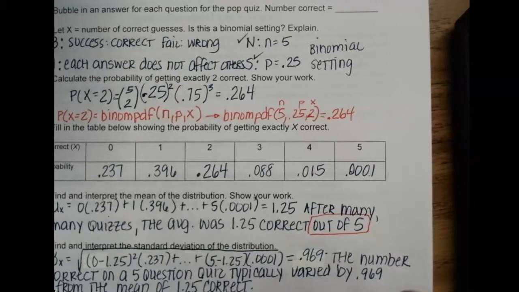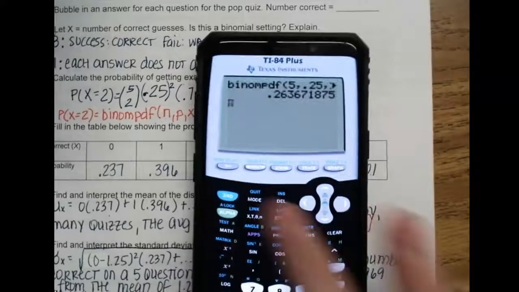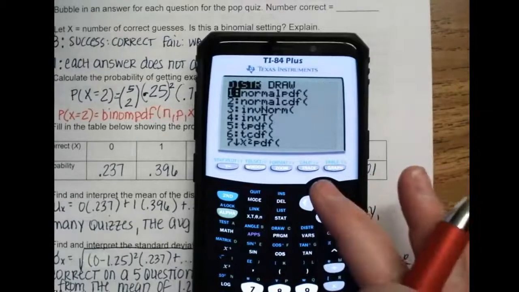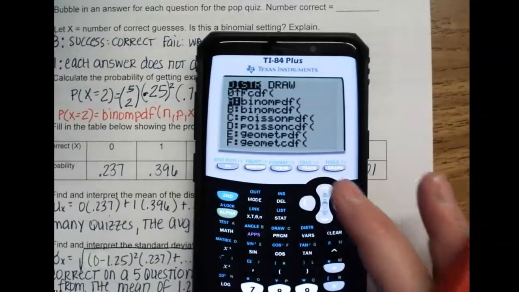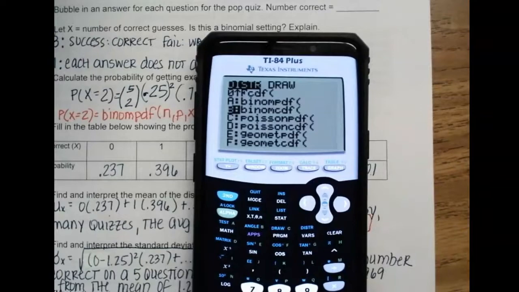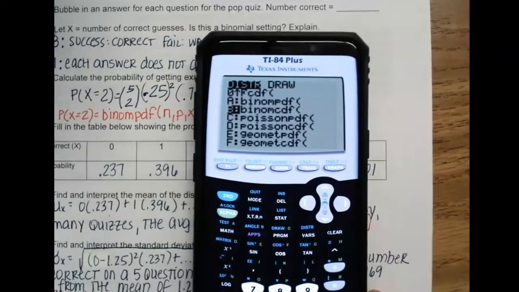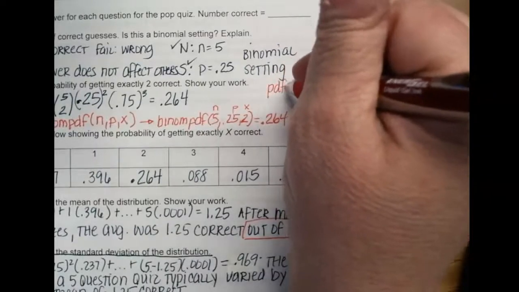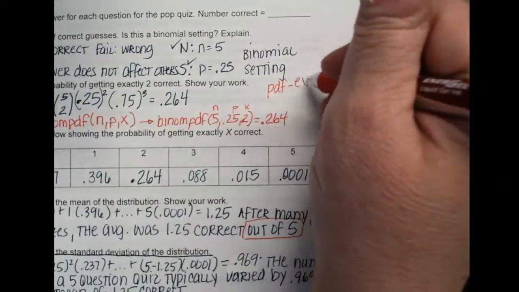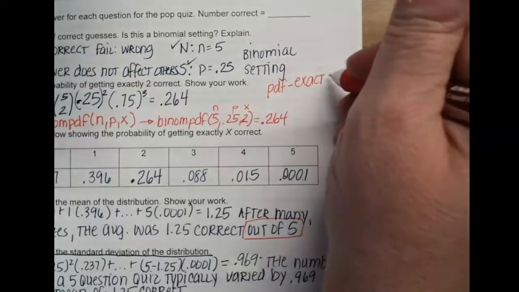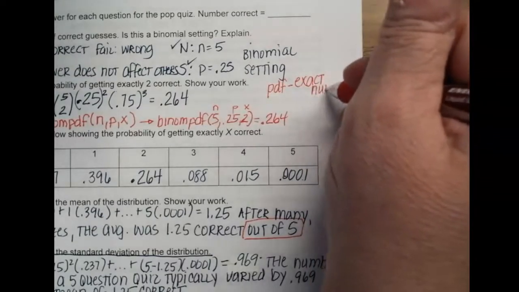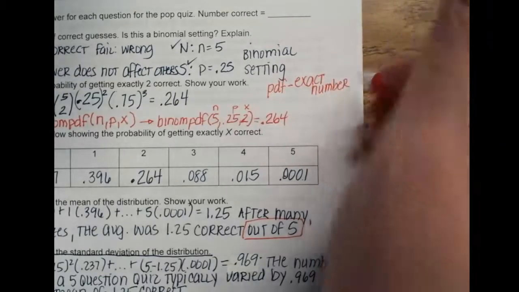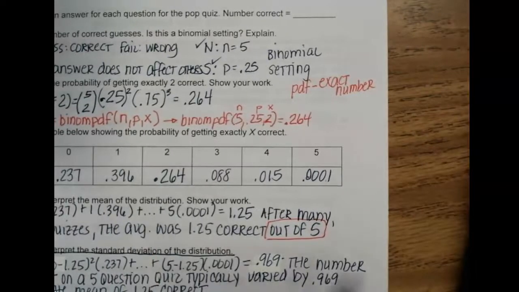So when we were looking at it, there were two binomials, the binomial PDF and the binomial CDF. We're going to end up using both of these, and here's where I want you to make a little note. The PDF is for an exact number. If I say I want to know if it's exactly 2, exactly 3, it's for an exact number.